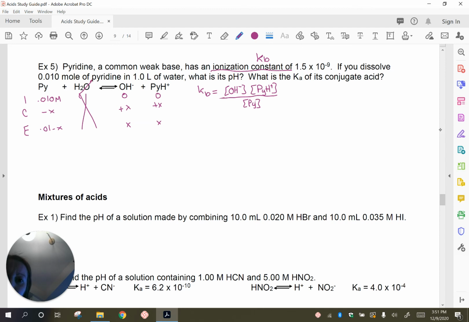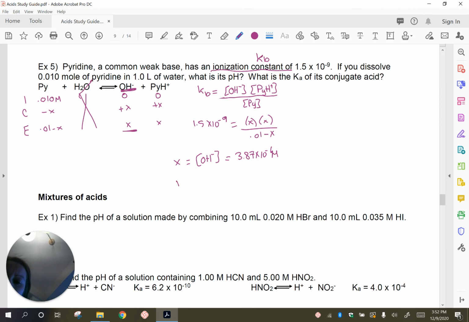So let's plug that in. Kb is 1.5 times 10 to the negative 9th. That is equal to x times x over 0.01 minus x. x here is the hydroxide ion concentration at equilibrium, and it turns out to be 3.87 times 10 to the negative 6 molar.